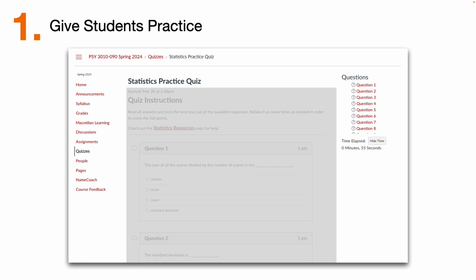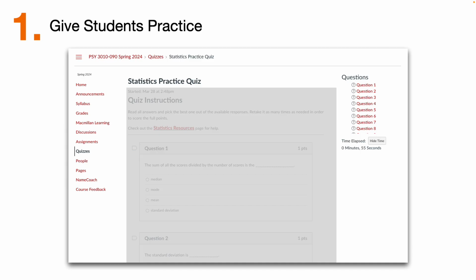Again, practice reduces cognitive load because practice makes knowing, remembering, and using what has been learned more automatic. And the more automatic something is, the less cognitive load it carries, the less space in working memory it takes up. There are many different ways to give students practice.